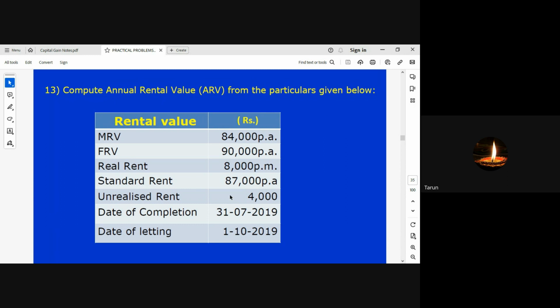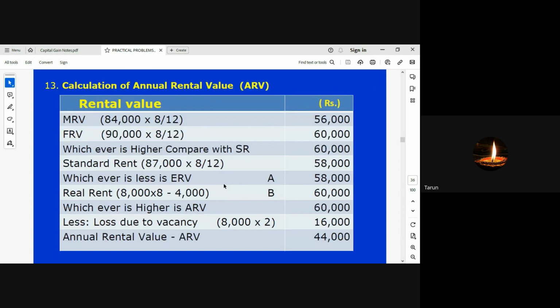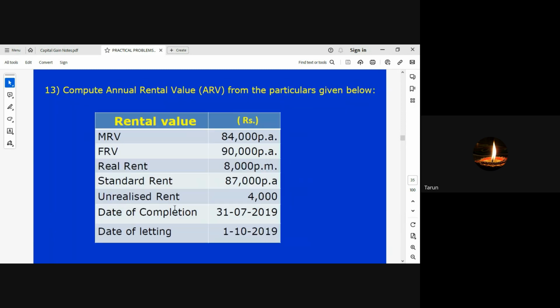How? 31st July is the ending period of completion. That means the next months are August and September, and the date of letting out is 1st October. So only August and September, the 2 months, are considered as the loss due to the vacancy period. So 2 months, and the real rent is 8,000.